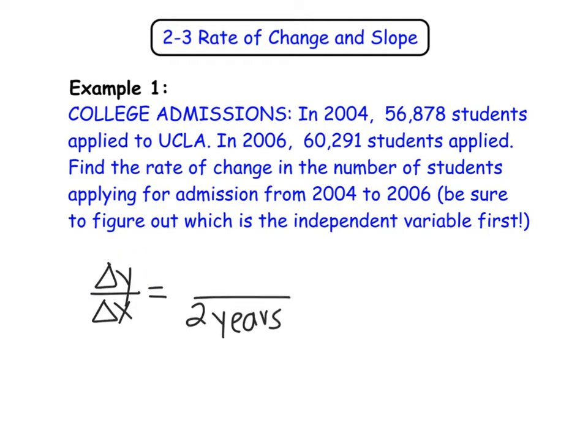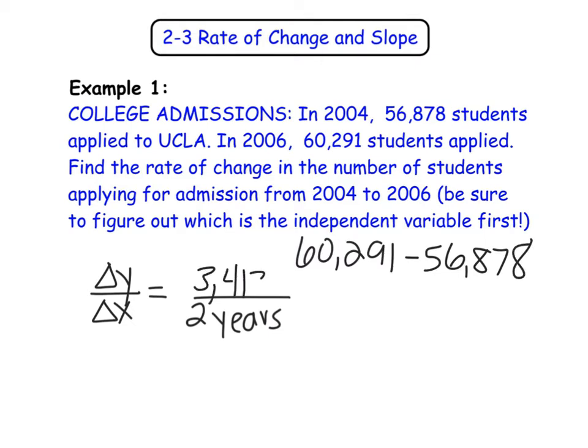How did the number of students who applied change? So you just need to do 60,291 minus 56,878, which is 3,413, and that's students.